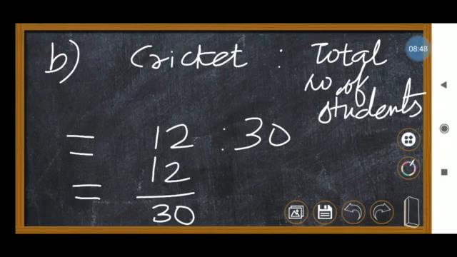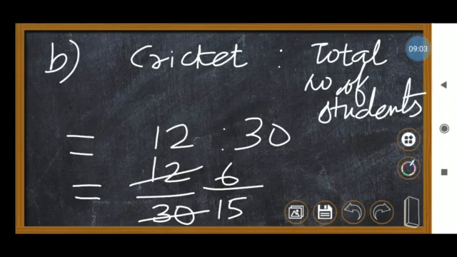So 12 divided by 30 means we can divide by any common table, just check it. We will do it one by one. 6 2s are 12 and 15 2s are 30. Still we can cancel, but the 3 table will not divide both, because 15 will not divide in the 2 table.